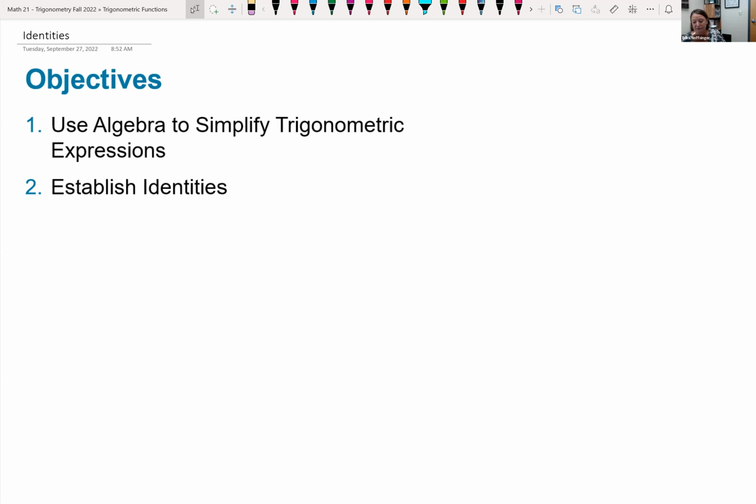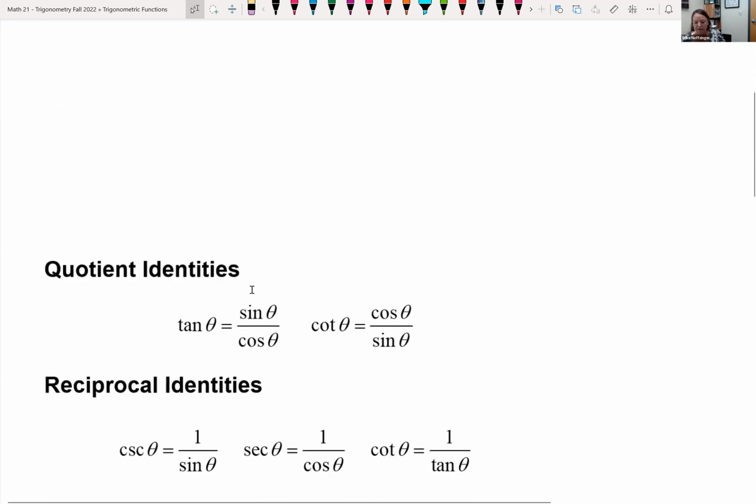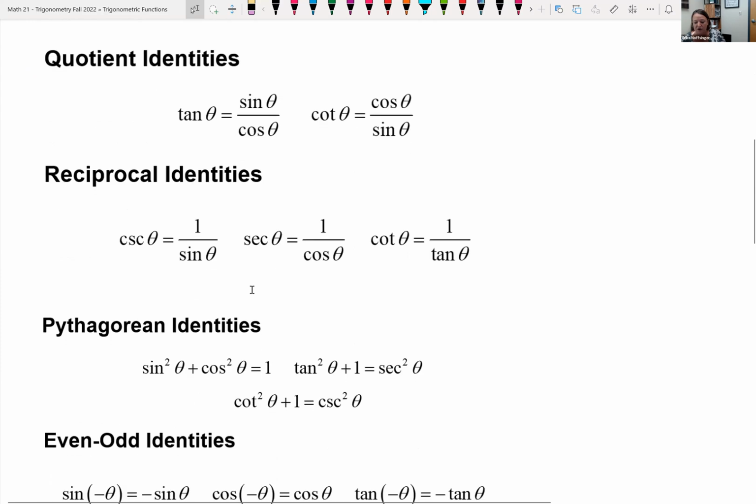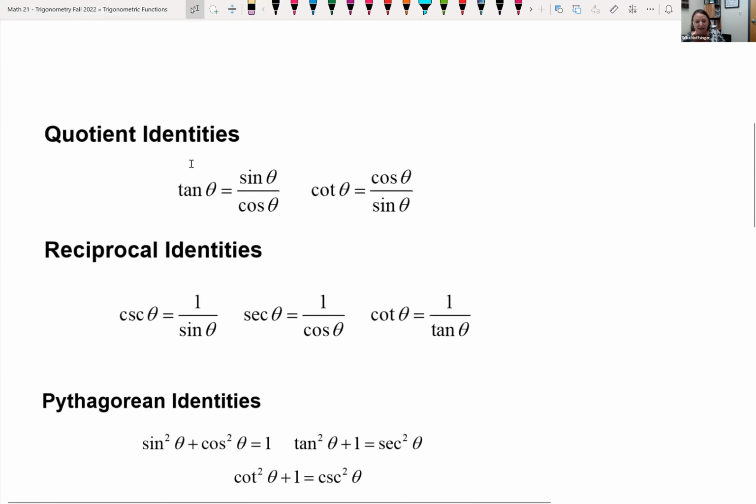And so it's helpful for us to just recall some of those main identities that you should know from the beginning of the semester. So recall that we have our quotient identities, so we can rewrite tangent theta and cotangent theta in terms of sine and cosine theta.